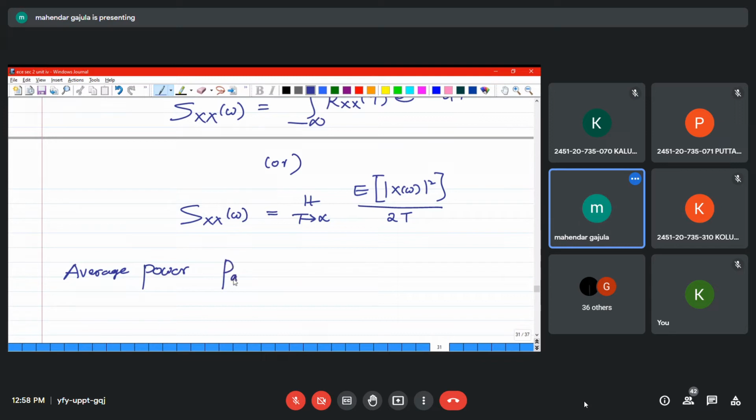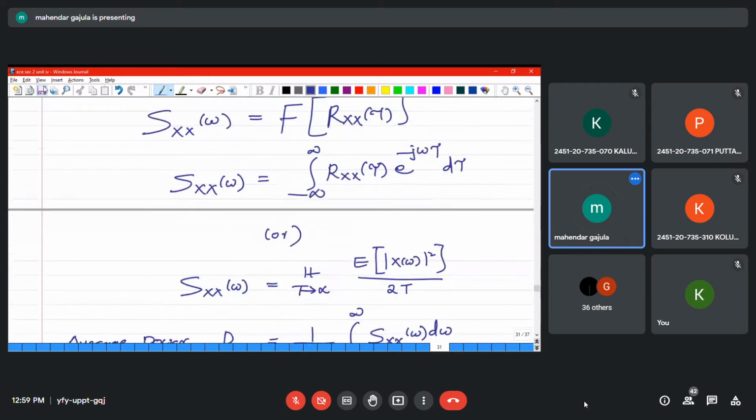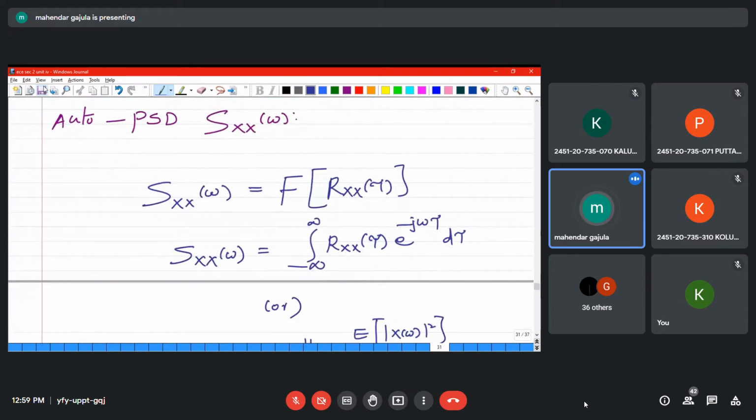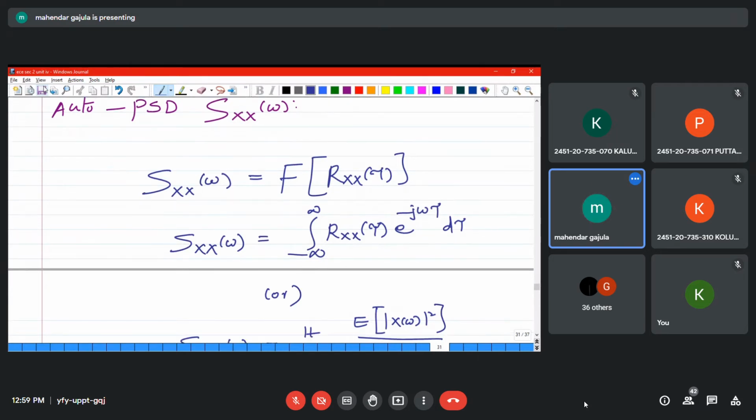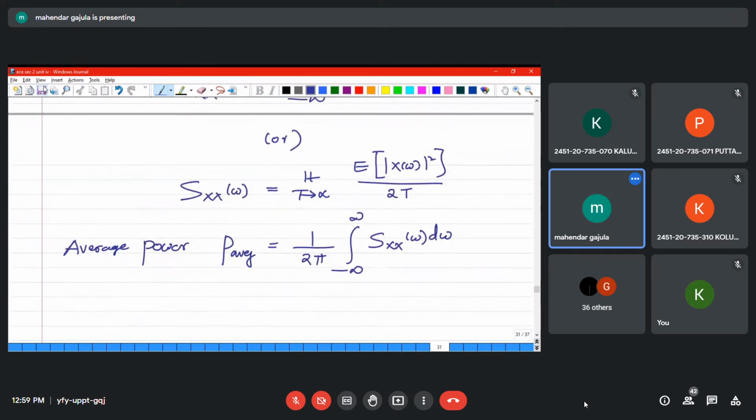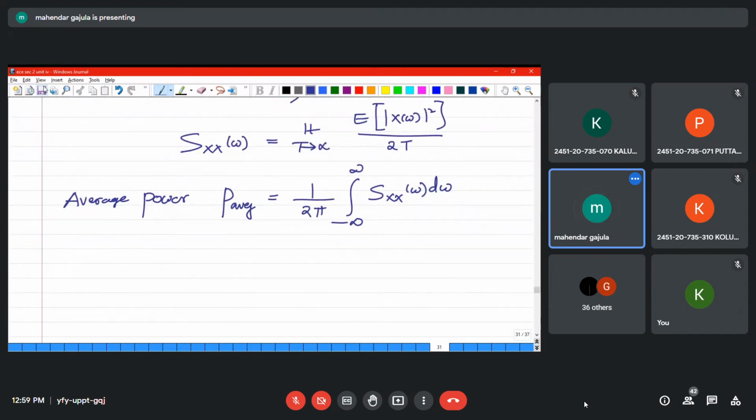So P average is 1 by 2 pi integral from minus infinity to plus infinity of S XX omega d omega. Area under a power spectral density gives you average power. Okay. So these are the autocorrelation and auto power spectral density relation and the auto power spectral density formula.